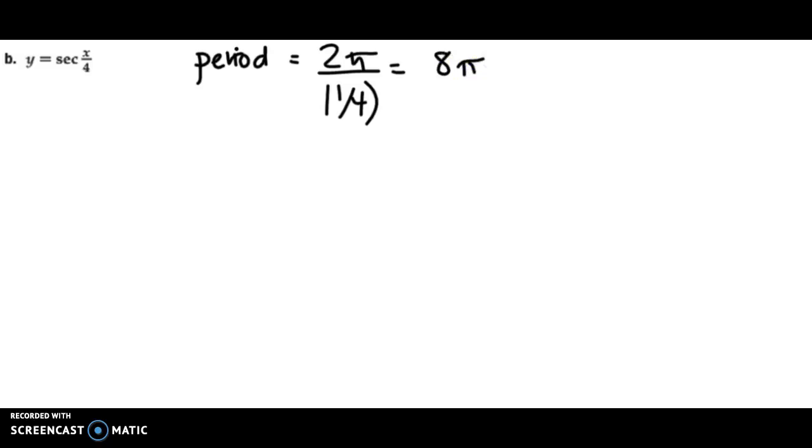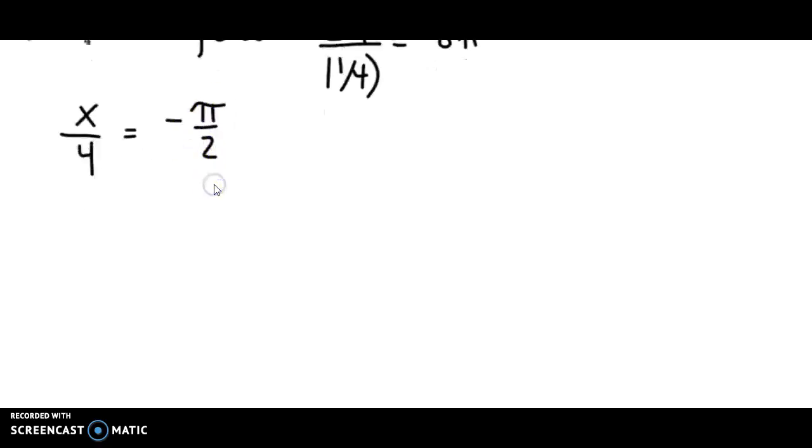Okay, so to find our vertical asymptotes, I'd say x over 4 plus 0 is going to be equal to negative pi over 2, and x over 4 plus 0 is equal to positive 3 pi over 2.